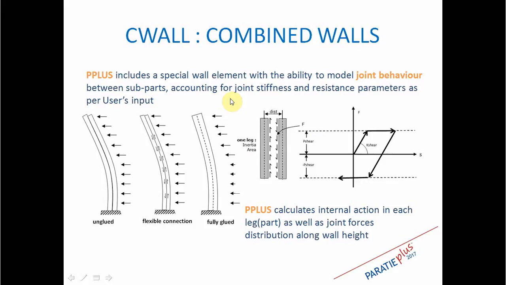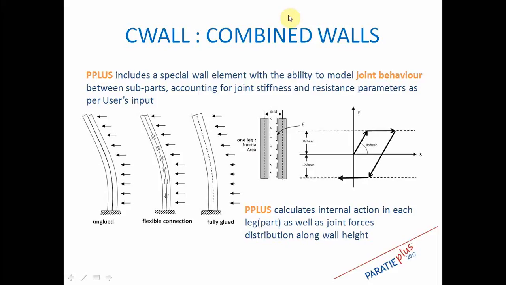We have two ways. One way, as I briefly mentioned, is to consider an ordinary wall and take into account the beta factor suggested by Eurocode. But we have also included a different element that is a special wall element in which internal joint behavior is included within the wall element.